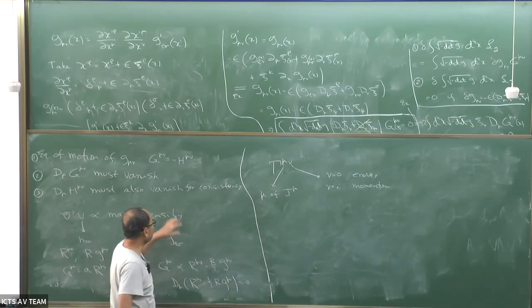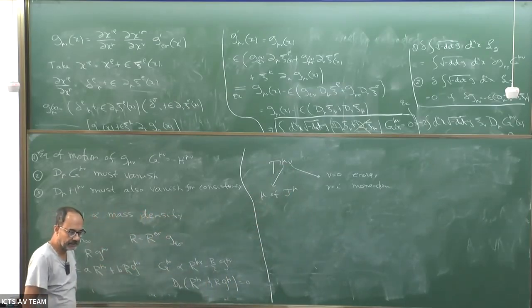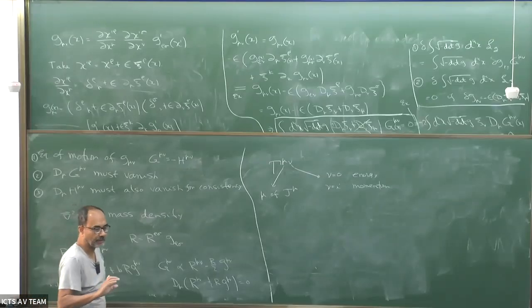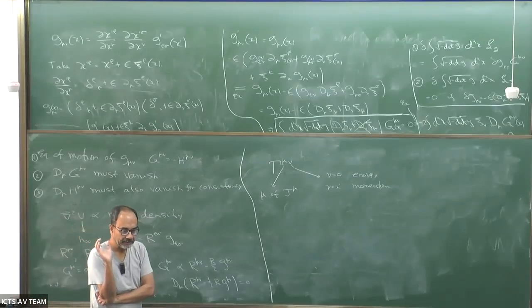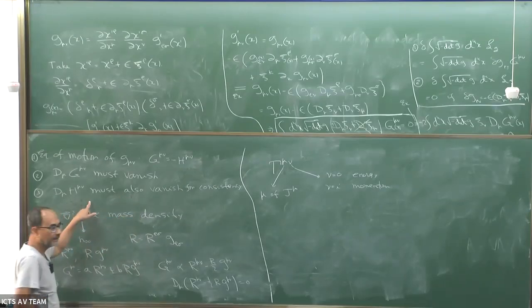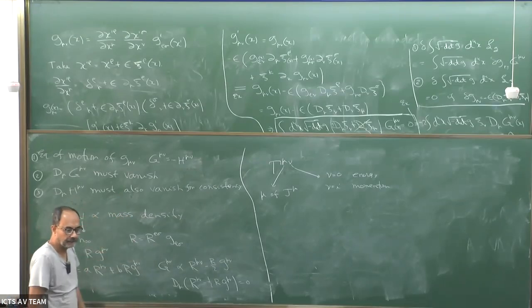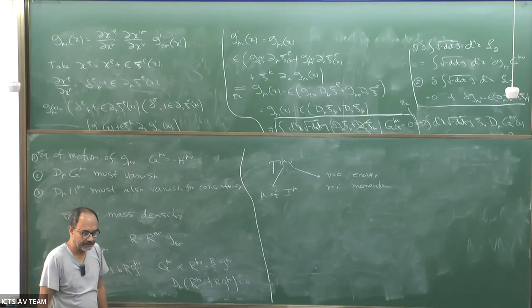Yeah, because you are trying to generalize mass. Newton's law tells us the right hand side is mass density, right? And mass is not a good thing because mass is not constant. Because d mu J mu equal to 0, for consistency this has to vanish. If it was really mass density, imagine that there is suddenly a radioactive decay, so some mass gets converted to energy. Then d mu J mu will not be 0 there, because mass is not constant.